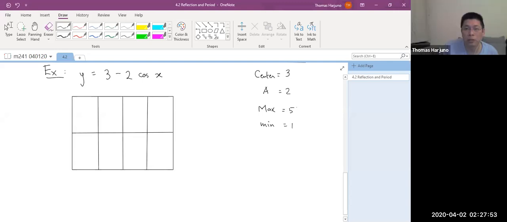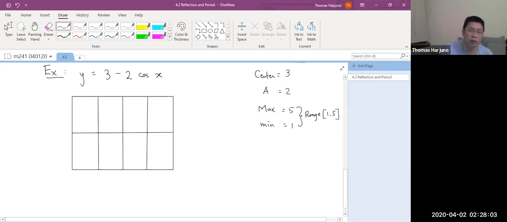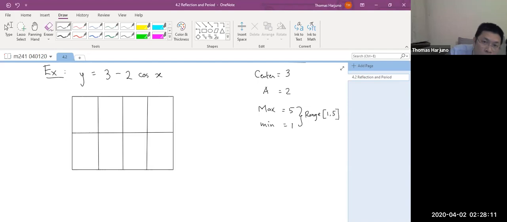From here we see that the range is 1 to 5. Now, because the range is 1 to 5, not including 0, right? It means the lowest this graph can go is y equals 1. Therefore, we can answer one side question, what's the x-intercept?